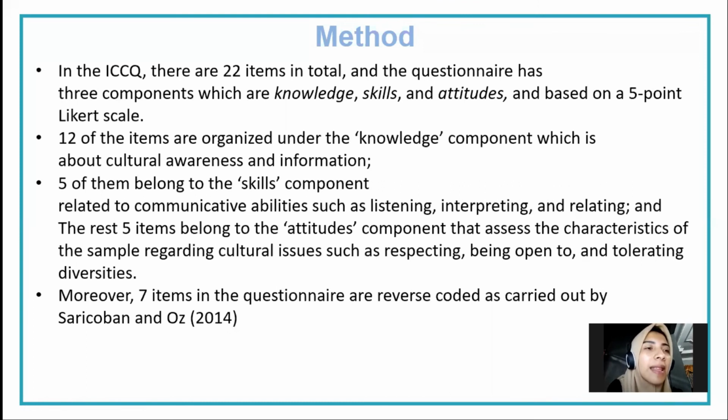And the remaining 5 items belong to the attitudes component that assesses the characteristics of the sample regarding cultural issues such as respecting, being open to, and tolerating diversities. Moreover, 7 items in the questionnaire are reverse coded, as carried out by Sarikoban and Oz, 2014.